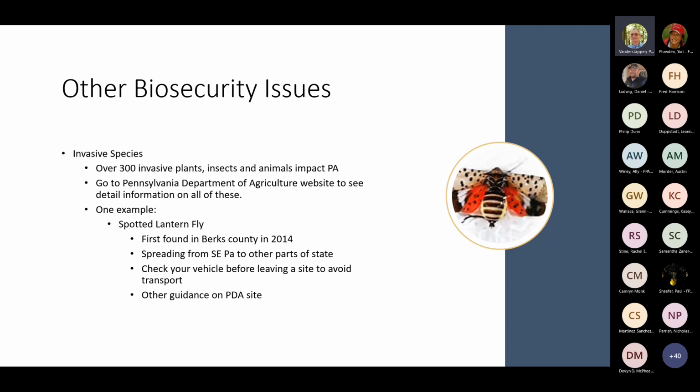Pennsylvania has over 300 invasive plants, insects, and animals that impact PA. And go to the Pennsylvania Department of Agriculture website to see detailed information on all of these. I have a little shot here, the spotted lanternfly. That's the current one that you see a lot about and hear about. Spotted lanternfly was first found in Berks County in 2014, spreading from southeast PA to the other parts of the state.